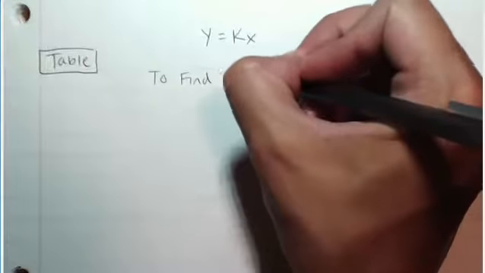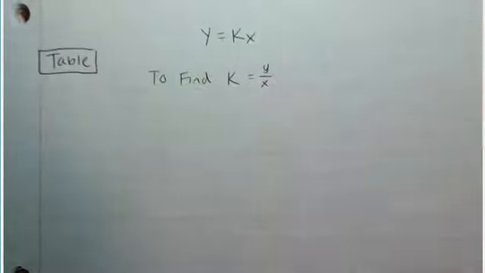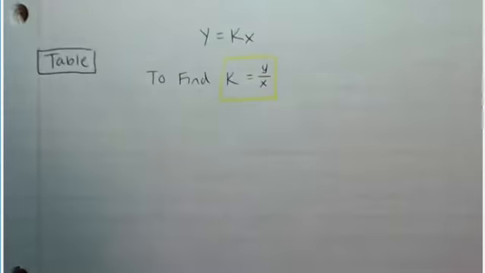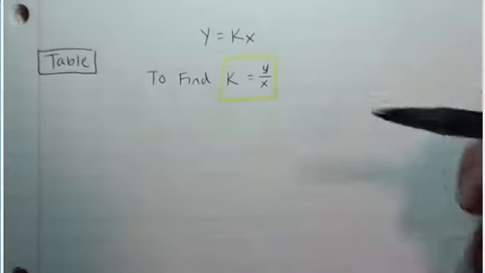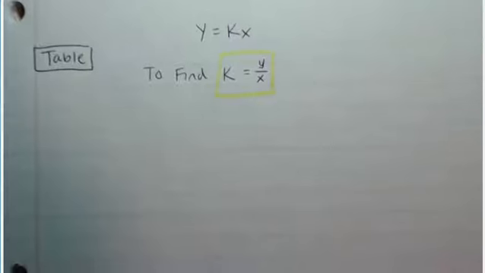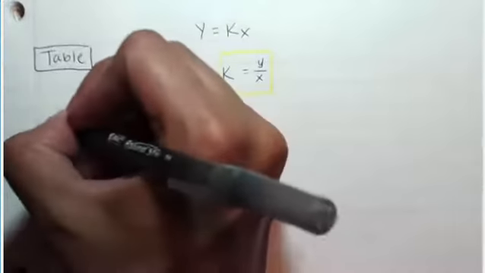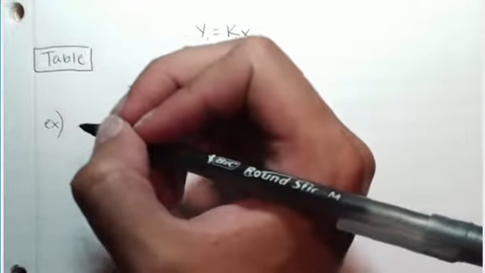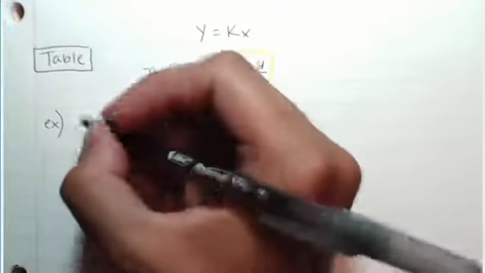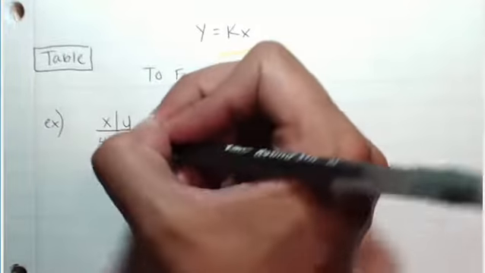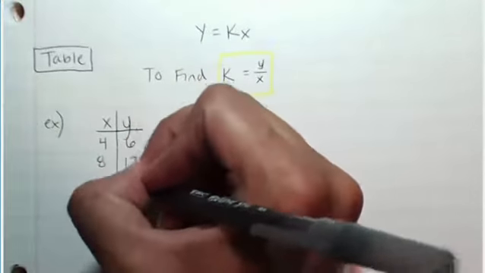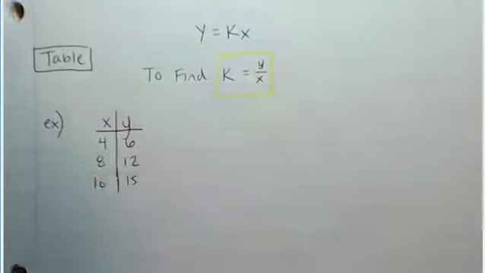I have to use y over x, and that should be very similar to something you've heard already. Remember, change of y over change of x. K is equal to y over x. So let's determine if this table is a direct variation. I have 4, 6, 8, and 12, 10, and 15. Go ahead and copy that down.